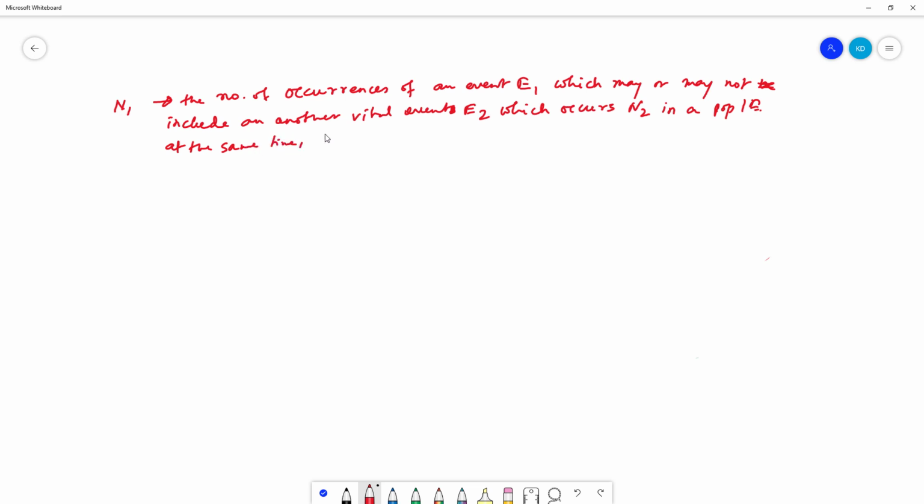The quotient N1 by N2 is described as a vital statistics ratio.